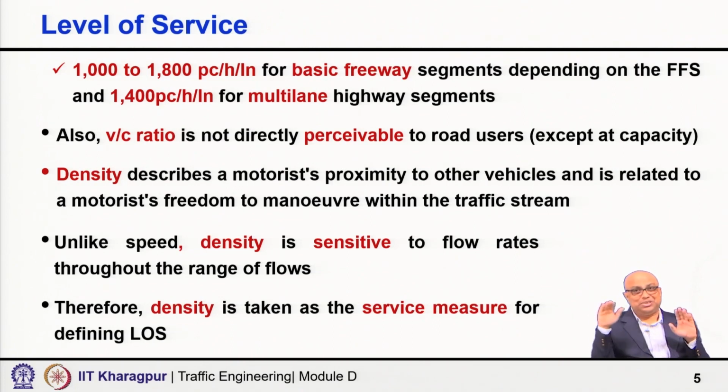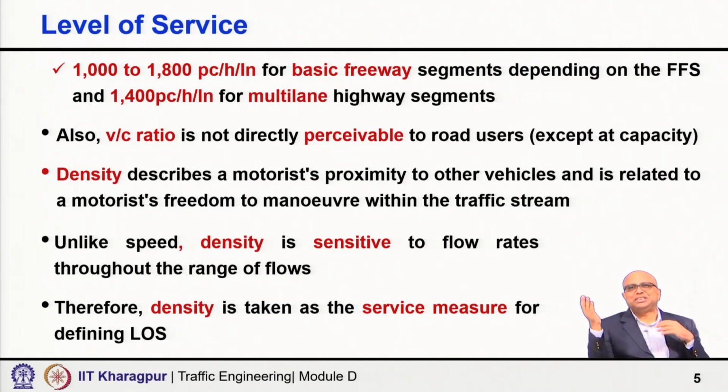Even though speed is not changing, as I said, it remains constant and equal to free flow speed up to this break point, up to quite a high flow level, maybe up to 1800 PCU per hour per lane for the basic freeway and 1400 PCU per hour per lane for multi-lane highway segments, density will change.